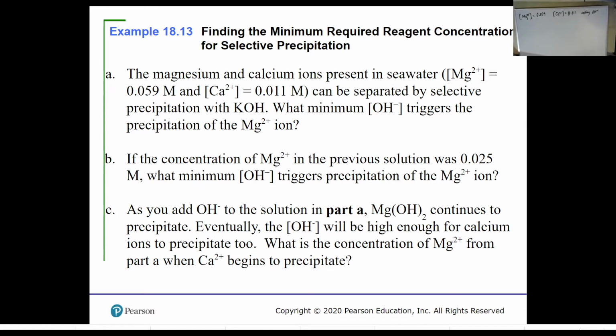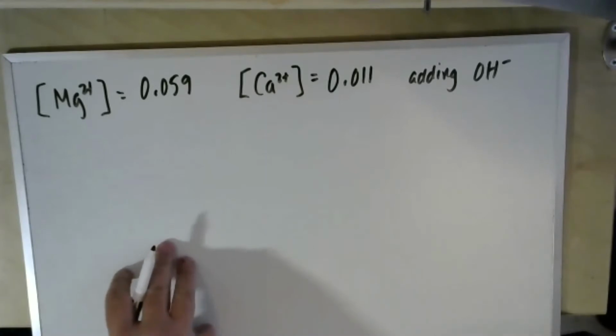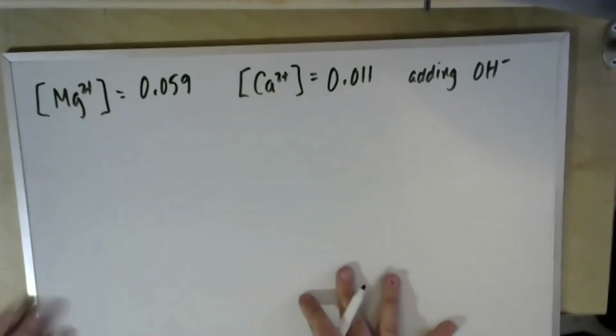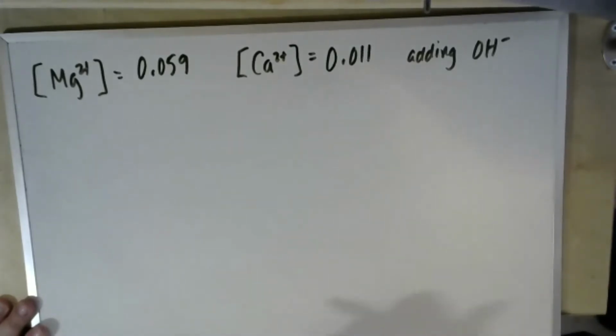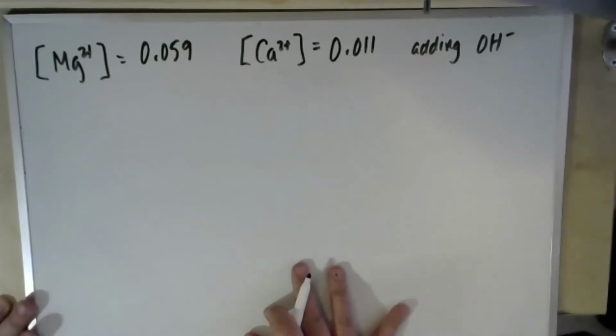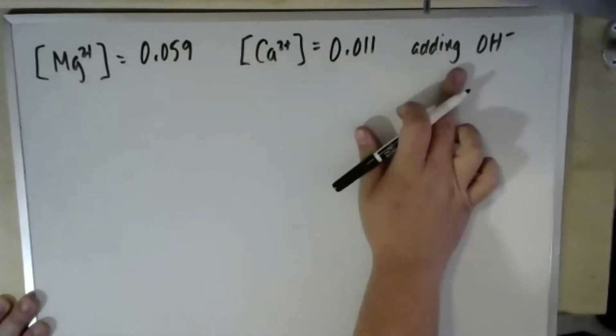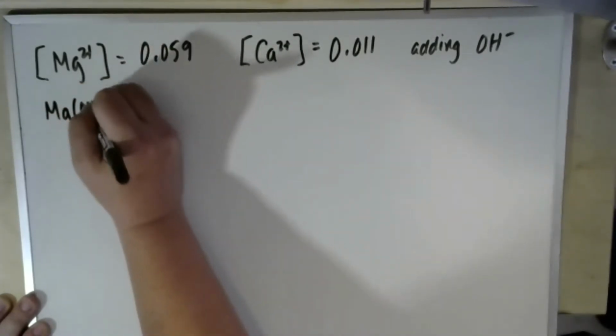Right, so when you're doing this type of process, this selective precipitation process, you want to actually use the KSP values of the solids that would form to figure out which one is going to precipitate first. They told us in this case that we're looking to trigger the precipitation of the magnesium ion, but there's a reason why they're focusing on the magnesium ion first in this question. When magnesium combines with OH-, it's going to form Mg(OH)2 solid.